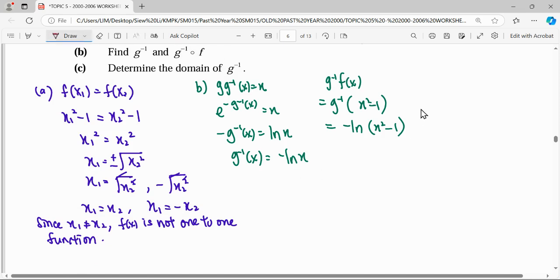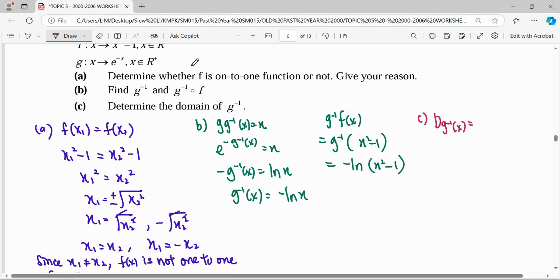Determine the domain of g inverse. The domain of g inverse, I'm going to refer to the range of the function g. Alright, so we start with the function of g. Domain of g(x), we can see here, it is positive, so it is 0 to infinity.